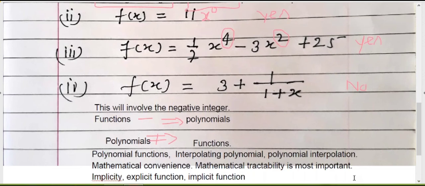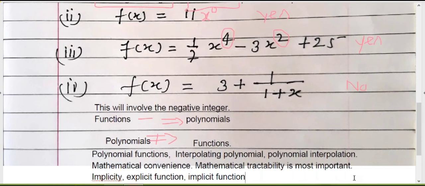Implicit function is very difficult to solve, because the independent variables, or the arguments in the context of numerical analysis, are not separated from y, the dependent variable.